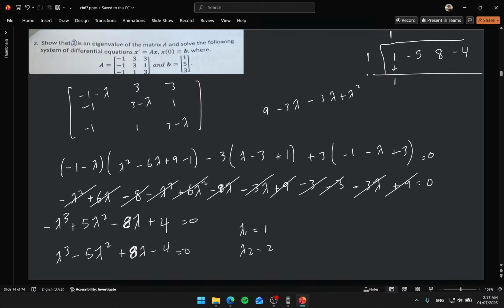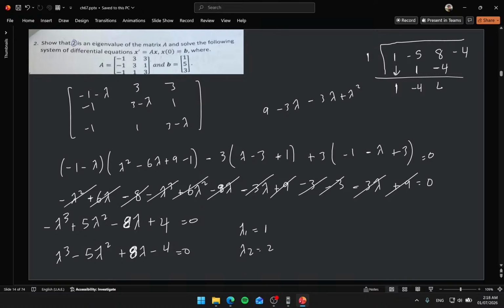Yeah, I think so. Hold up a second, let me see. There's nothing above here. Bring this down, so that's 1. 1 times 1 is 1. Then negative 5 plus 1 is negative 4.